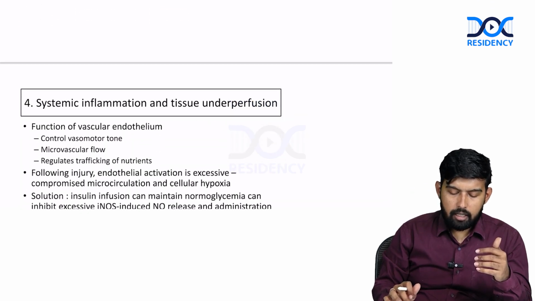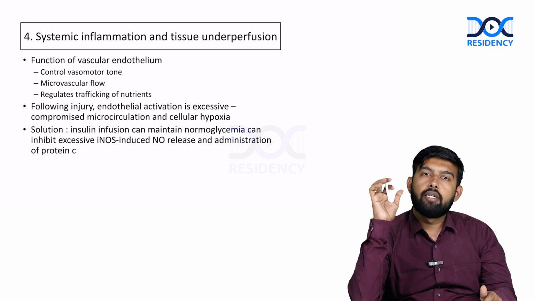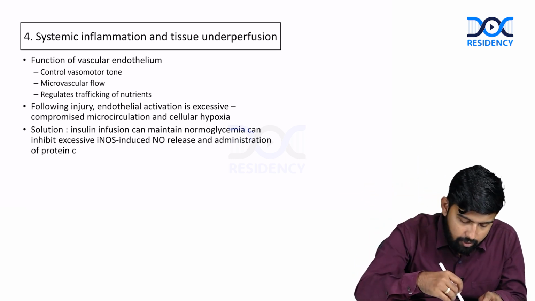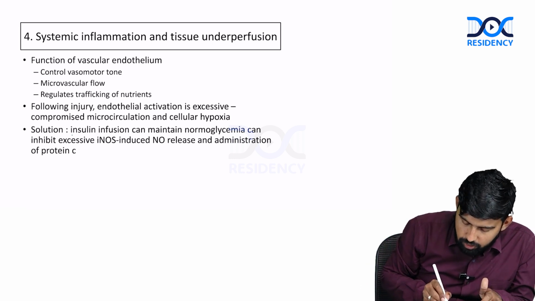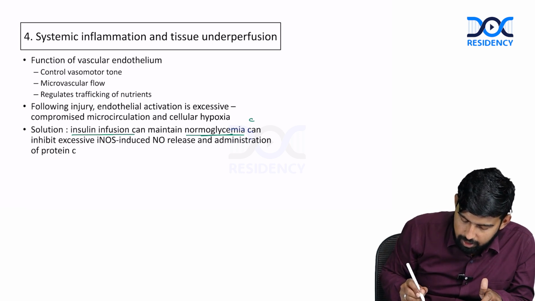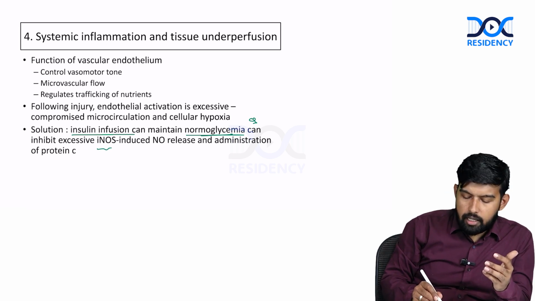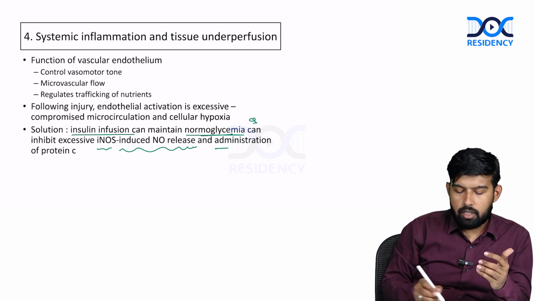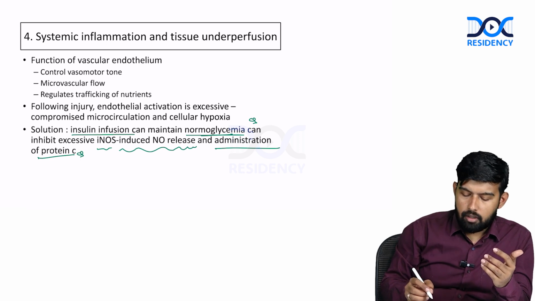Another avoidable factor is systemic inflammation and tissue underperfusion, that is shock. This can be avoided by proper insulin infusion, which can maintain normoglycemia and also inhibit the iNOS, that is induced nitric oxide release, and by administration of protein C. So this can avoid the systemic inflammation. Why?